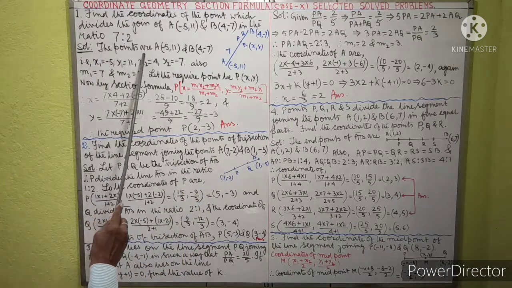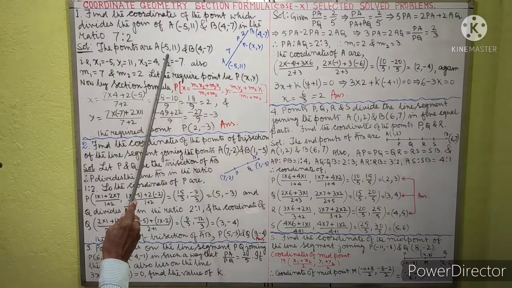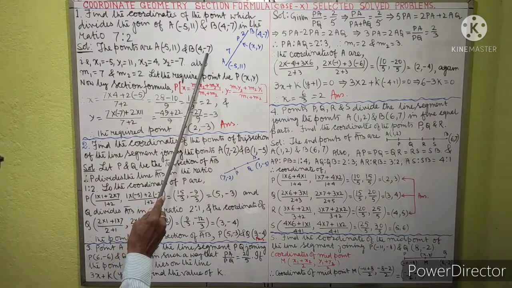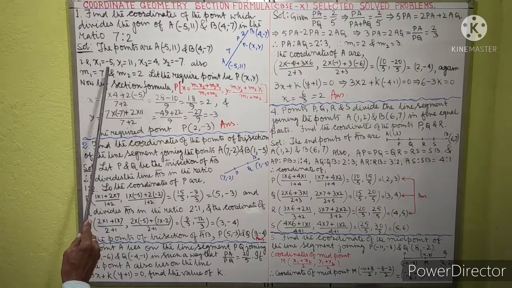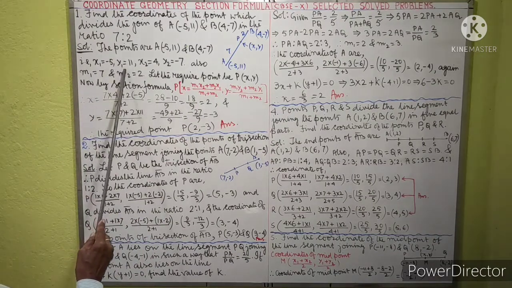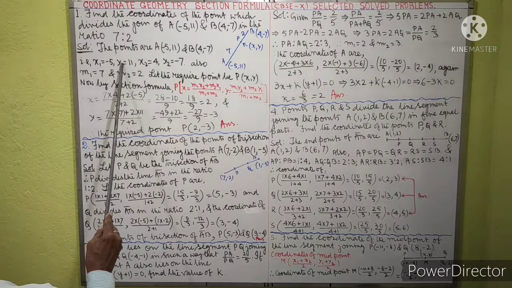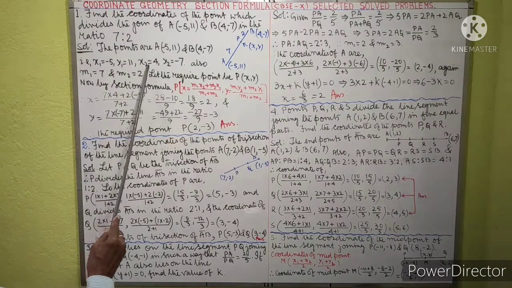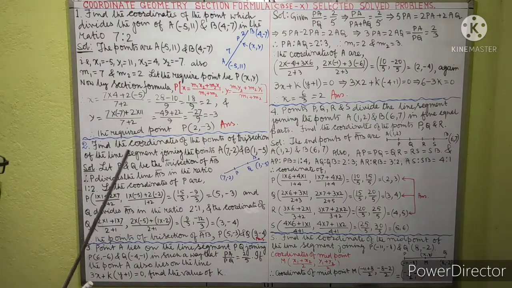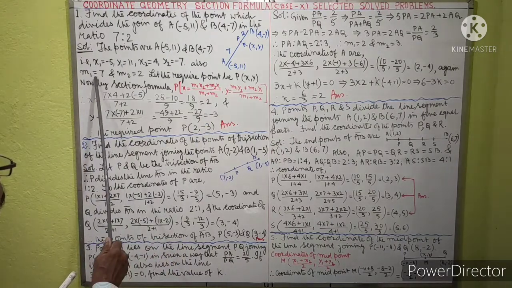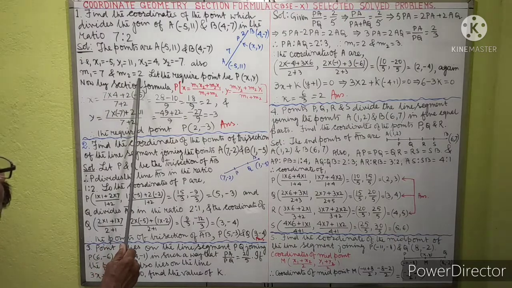So the points are A (-5, 11) and B (4, -7), and x1 is equal to -5, y1 equal to 11, x2 is equal to 4 and y2 is equal to -7. Here m1 equal to 7 and m2 equal to 2.